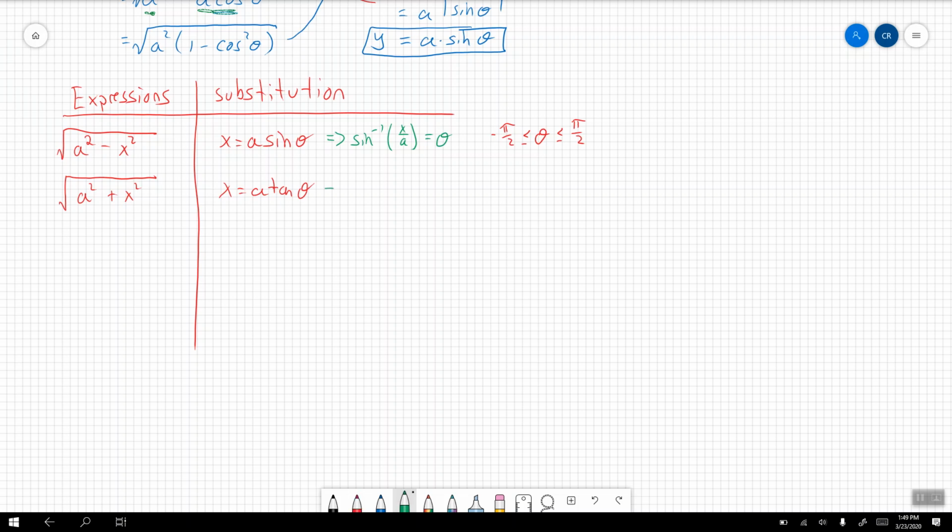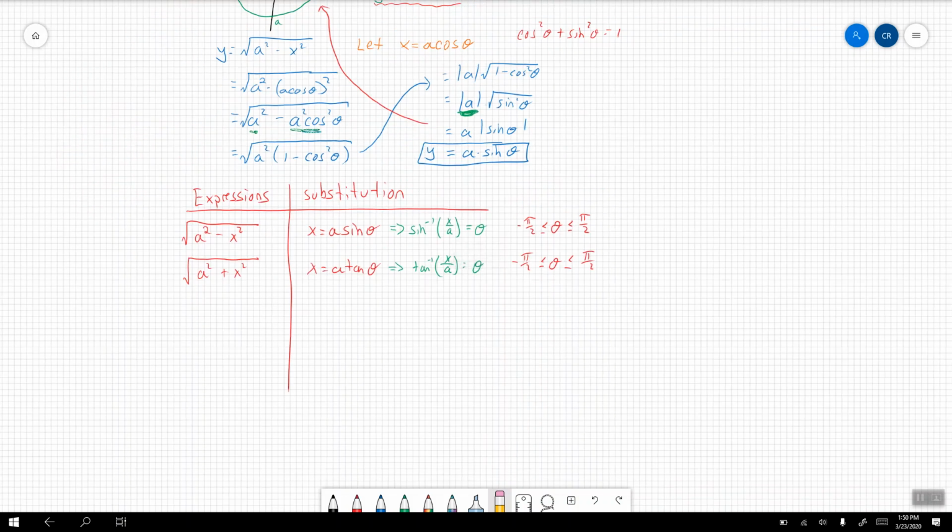Very similarly, this gives us that tangent inverse of x over a will be equal to theta, and tan inverse is also bounded between negative pi halves and pi halves, and you're absolutely right that that is non-inclusive.